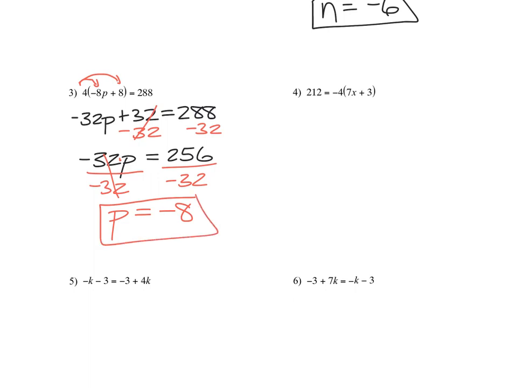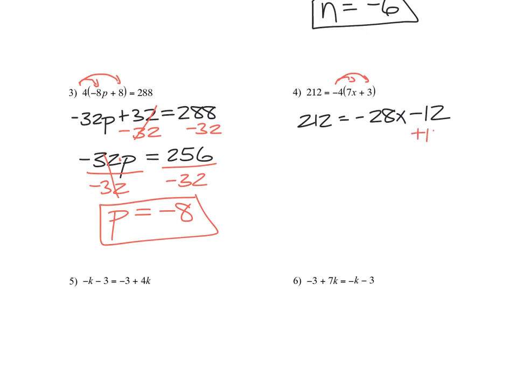Okay. Next one, again, if you need that variable on the left-hand side, just flip your equation. That'll get the variable over there. I'm not going to do that here because I'm going to work it out. So I'm just going to go ahead and start straight with the distributive property. So right here I've got 212 equals negative 28x minus 12.